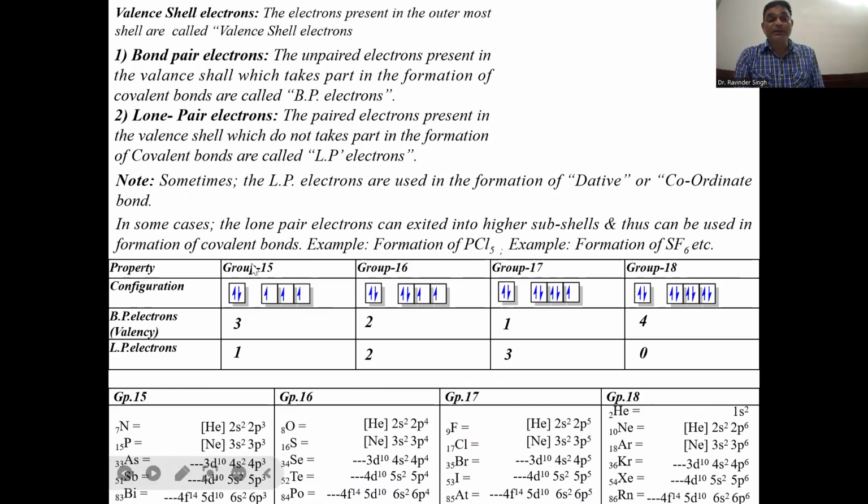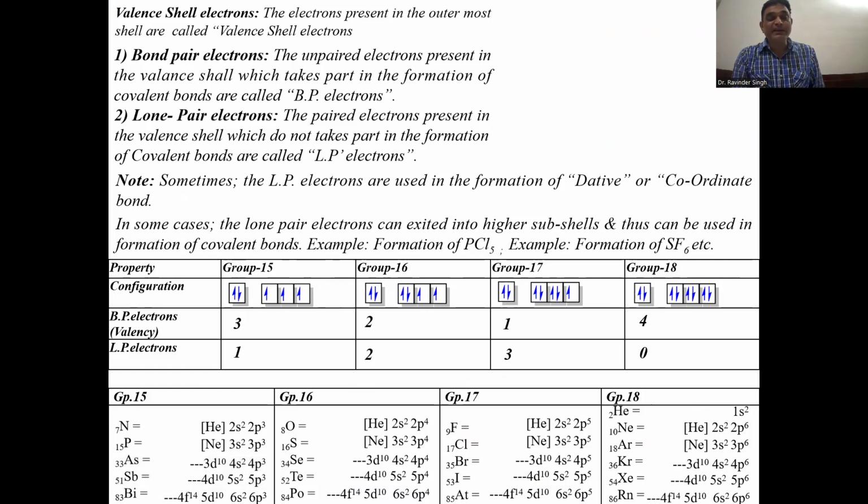Then the number of unpaired electrons will be 5. That's the group number 15, the last digit is 5. The maximum number of unpaired electrons may be present in phosphorus after the s electron jumps into the vacant d. So the valency can expand.